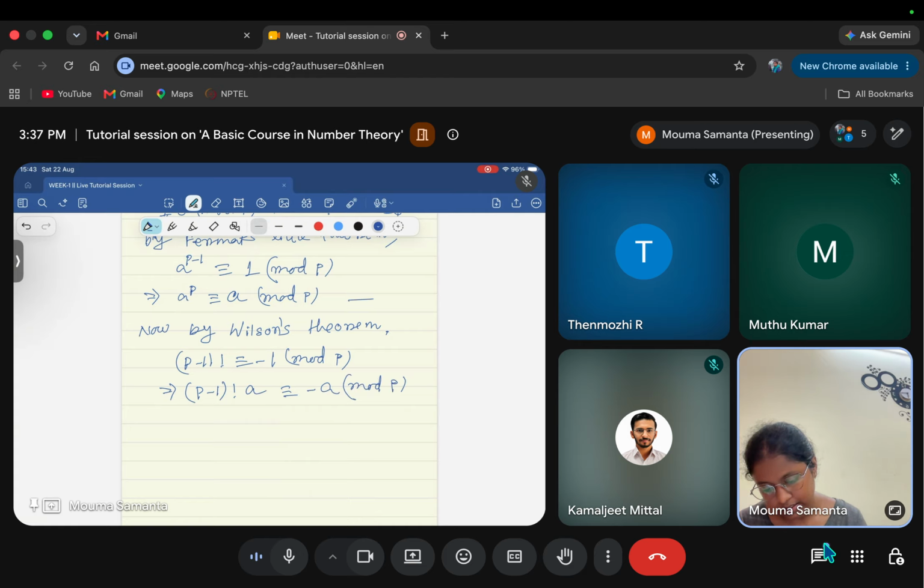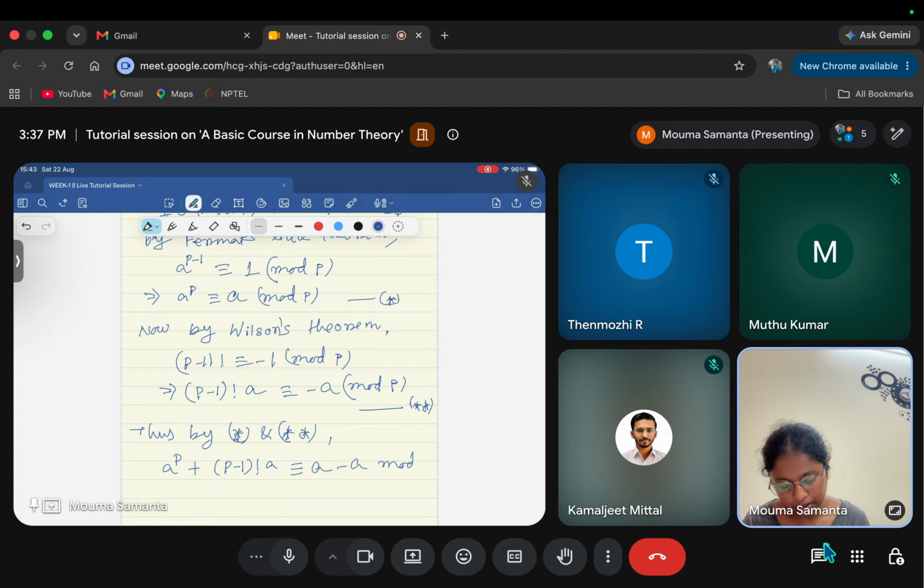Say this is star and this is double star. By these two equations, a power p plus p minus 1 factorial times a is congruent to a minus a, which is congruent to 0 mod p.